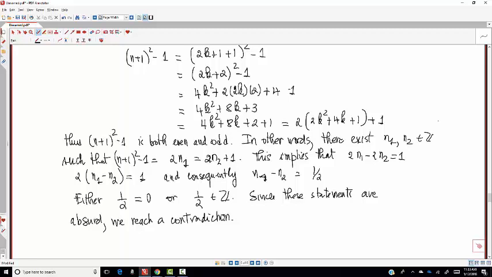It's not possible for (n plus 1) squared minus 1 to be even and n to be odd. So therefore, if (n plus 1) squared minus 1 is even, then n must be odd.